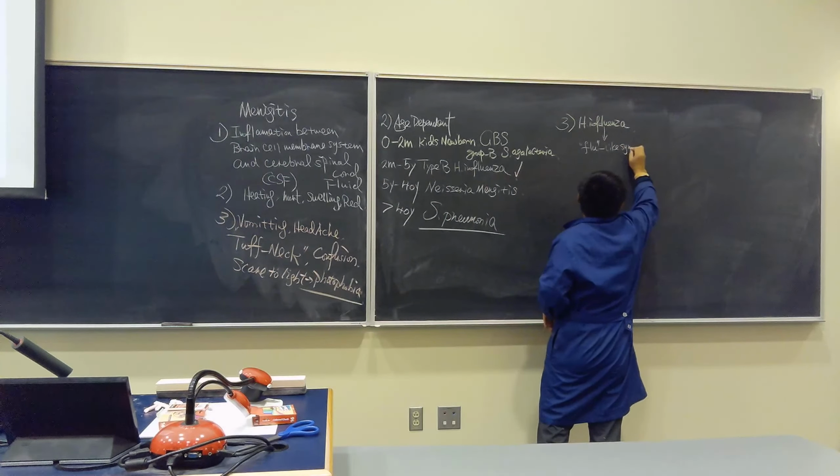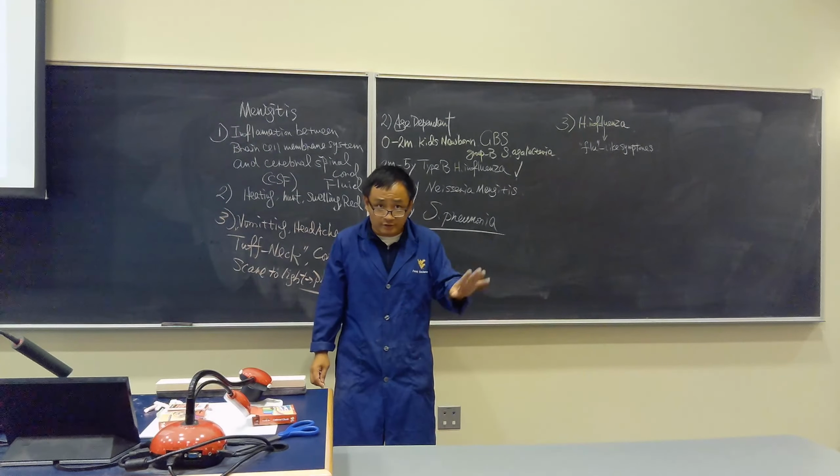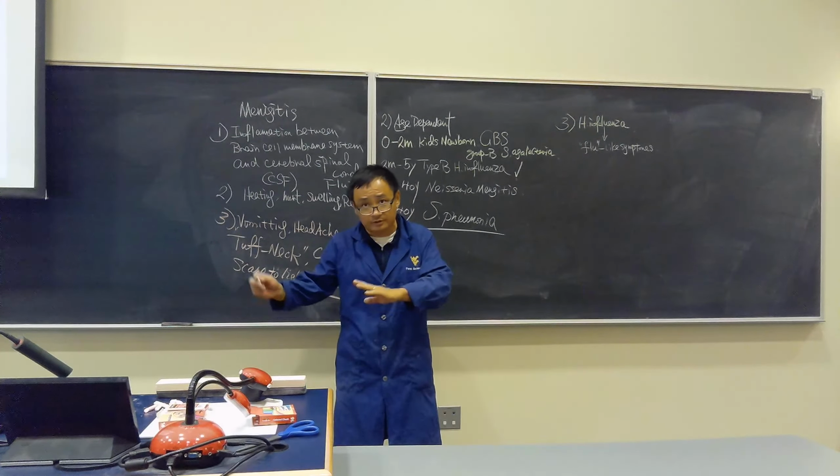So people didn't care too much, but actually it is meningitis. Second, some of the kids will have epiglottitis. It's very similar to a virus infection, so the parents didn't pay much attention to that. Also they think, well, it could be mild symptoms, but actually it's meningitis.